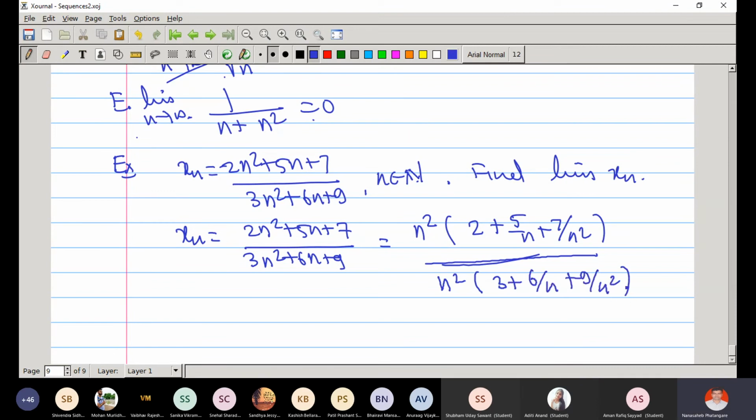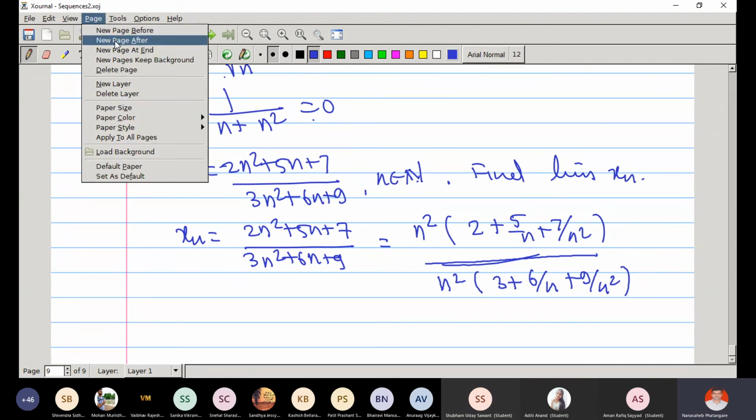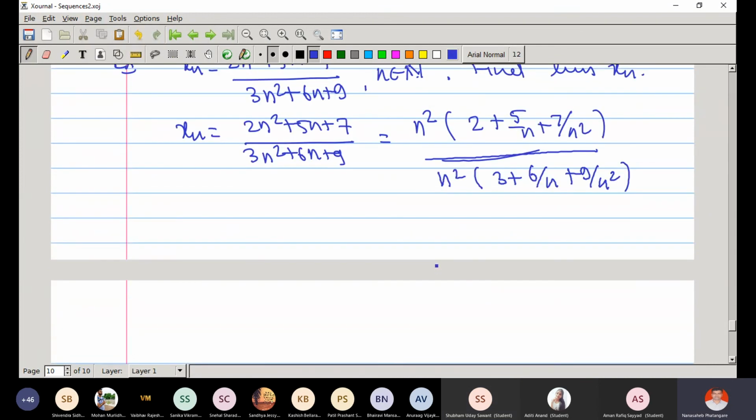You check whether I am writing correctly. Okay, so n square gets cancelled. So 2 plus 5 by n plus 7 by n square whole divided by 3 plus 6 by n plus 9 by n square. Now let us calculate the limit.